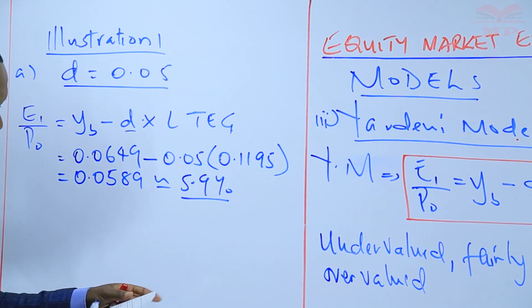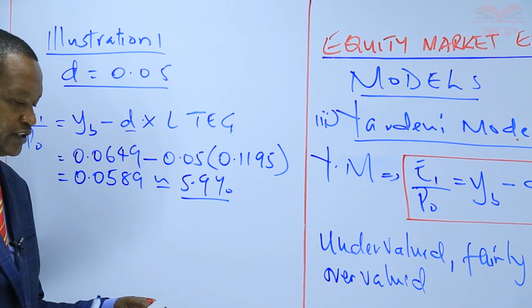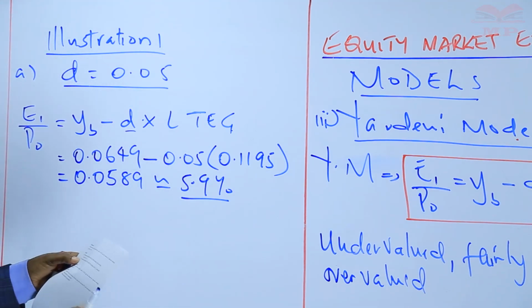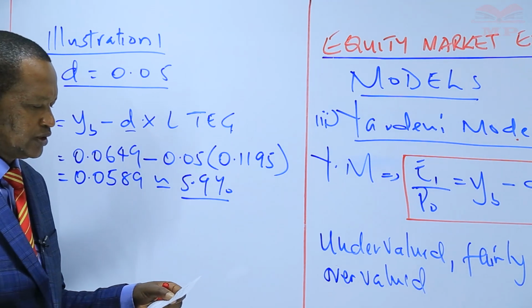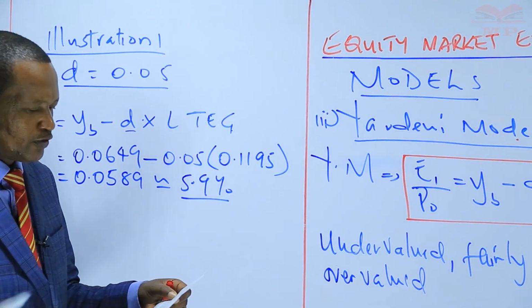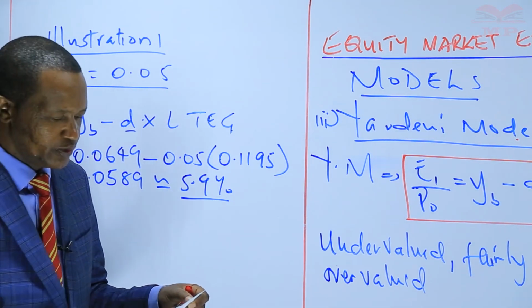We are to determine the Yardeni model estimate of the fair earnings yield assuming D is 0.05. The other part of the question, candidates, you are required to determine: are equities overvalued or undervalued?